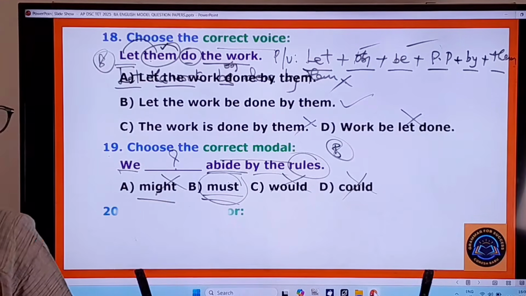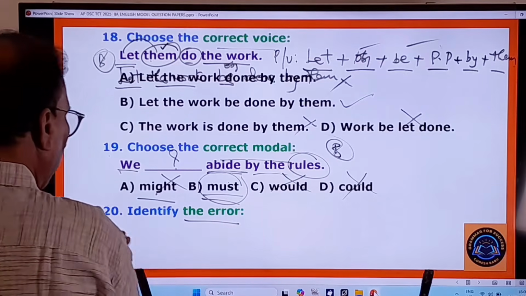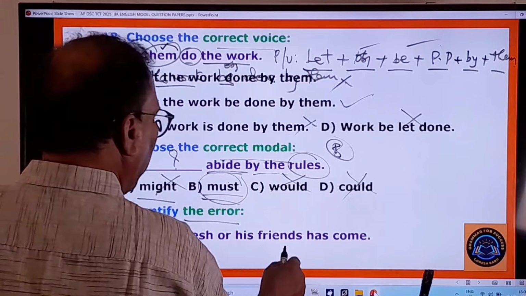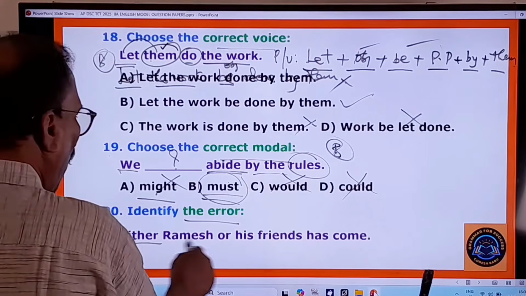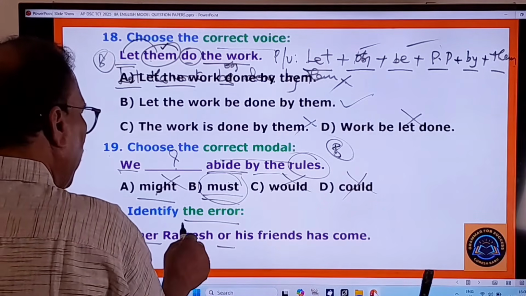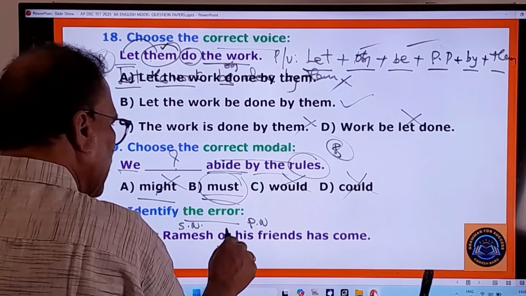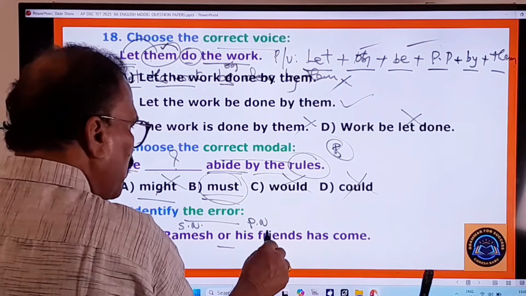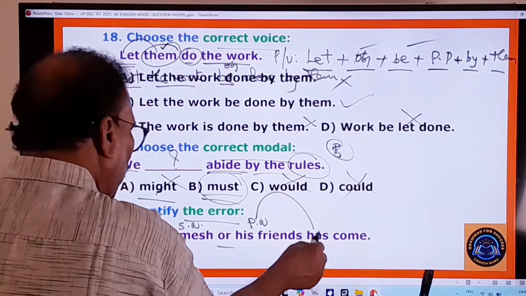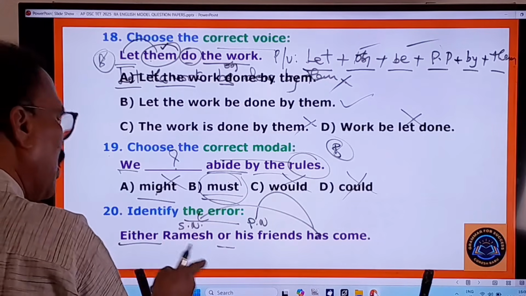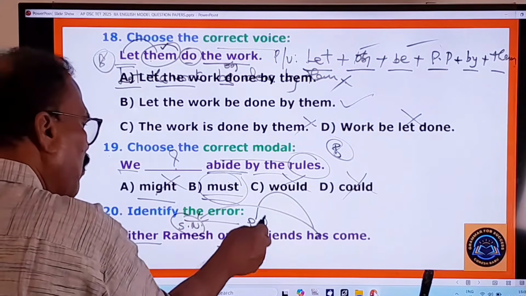Now you move on to the 20th question. Identify the error. You pay attention. Either Ramesh or his friends has come. Here, either or is used to connect one singular noun and one plural noun. When that is the case, the helping verb is used according to the plural noun, but not according to the singular noun. The same holds when either or neither nor connects one singular noun and one plural noun.